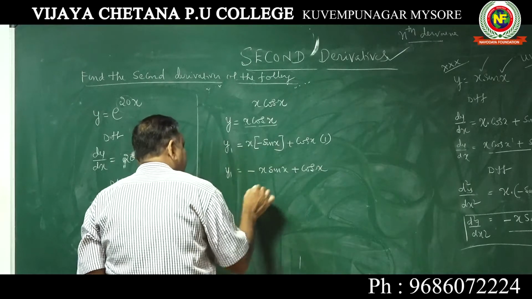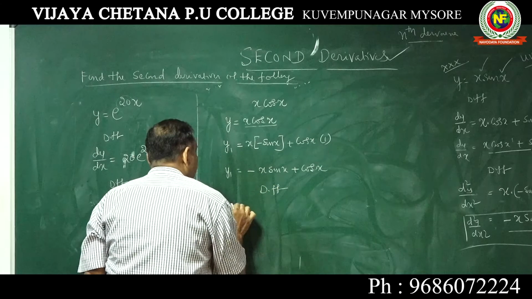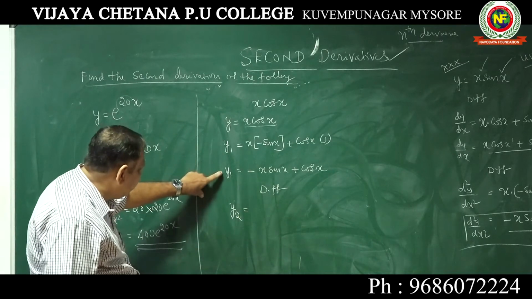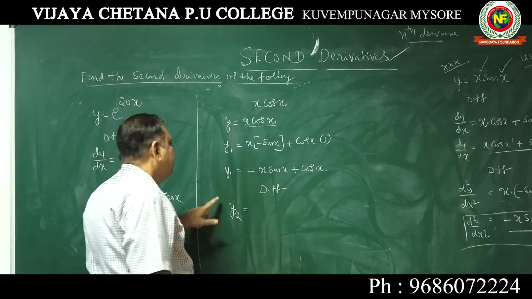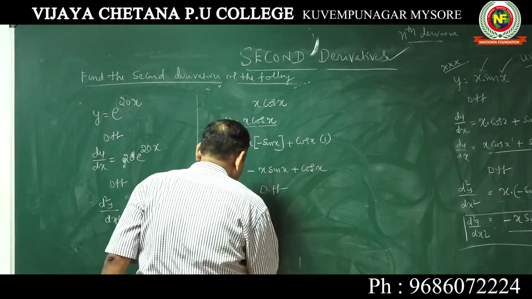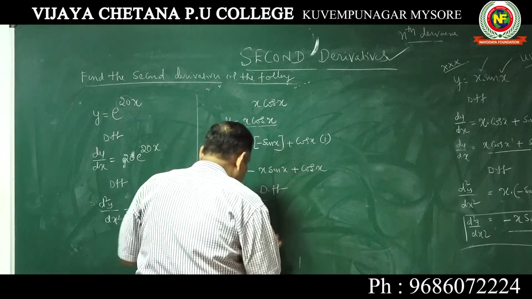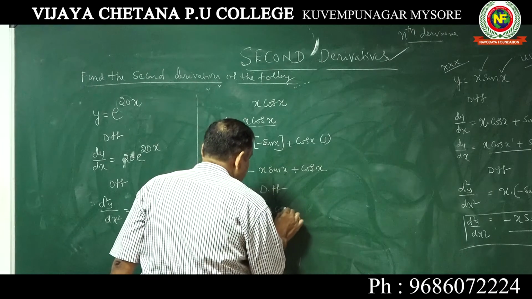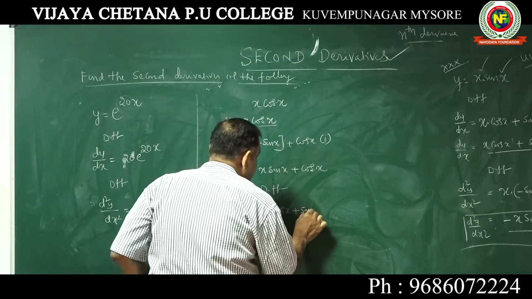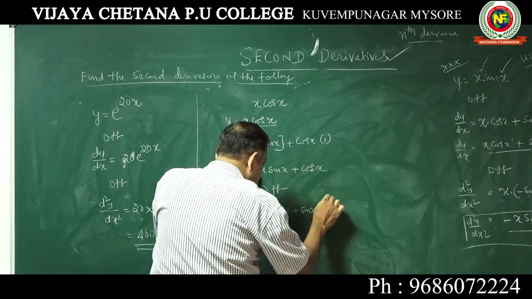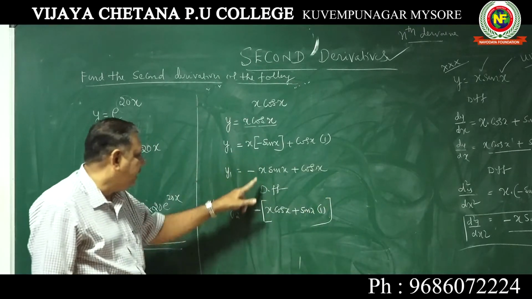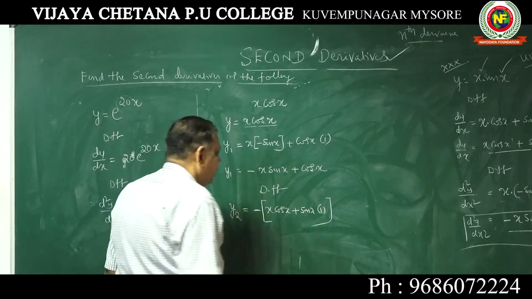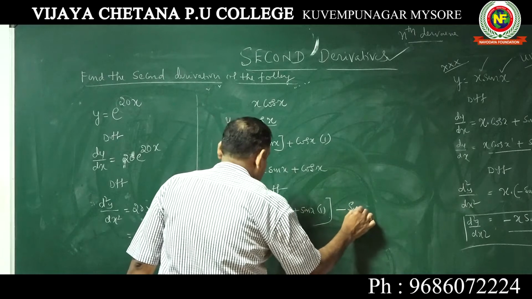Further differentiate, y2, the second derivative, will be minus... see here, keep the minus outside, and apply the product rule only to x sin x: x into cos x plus sin x into the derivative of x, which is 1. You have to close the bracket, this minus is outside, x cos x plus sin x into 1, and this is minus sin x.